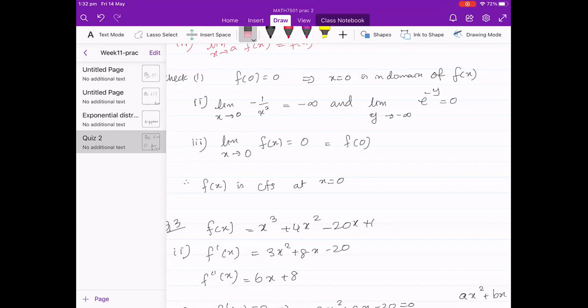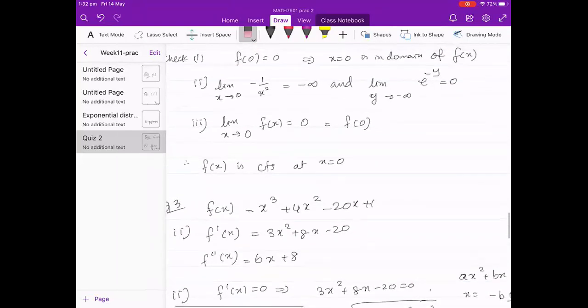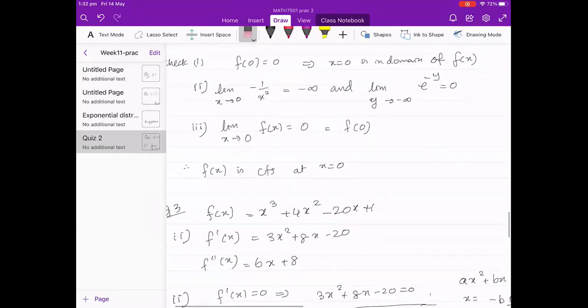Yeah, so f dash x equals 0 for x. When you solve this equation, how would you find the solutions?